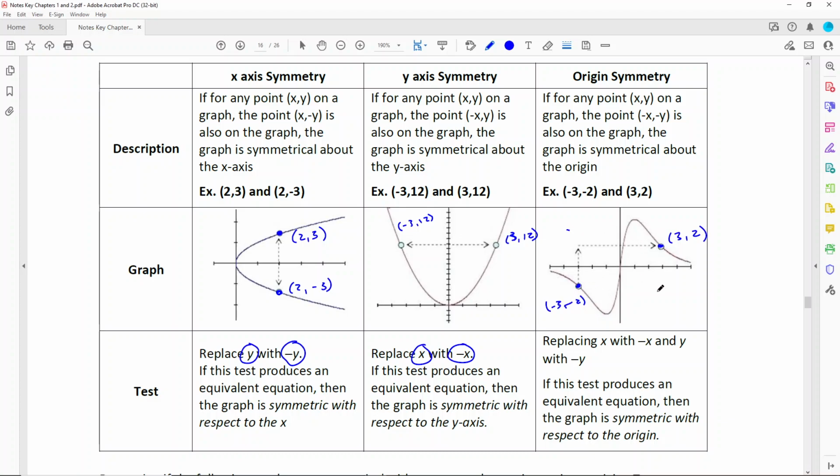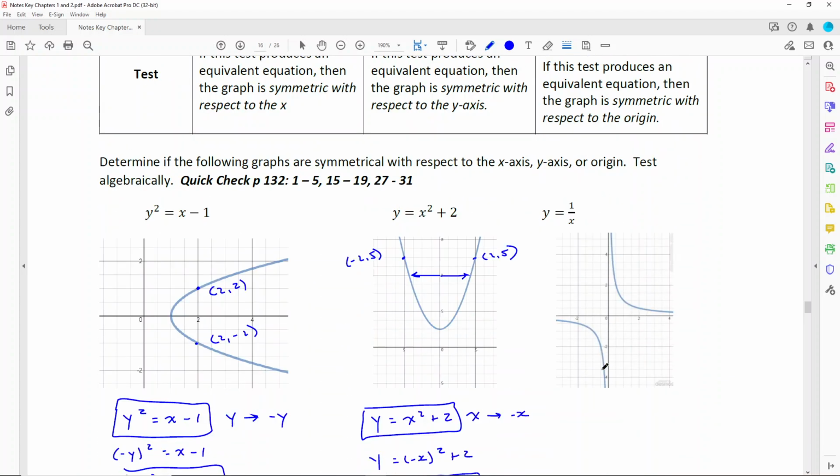If something's up here, it ends up down here. Right? So it's equidistant in the x's and the y's. It's almost like you're reflecting it across the y. We haven't talked about reflections yet, right? It would go over the y and then over the x, or over the x and then over the y. So to test it, you do both. You replace x with -x and y with -y. If you produce an equivalent equation, it's symmetric with respect to the origin.